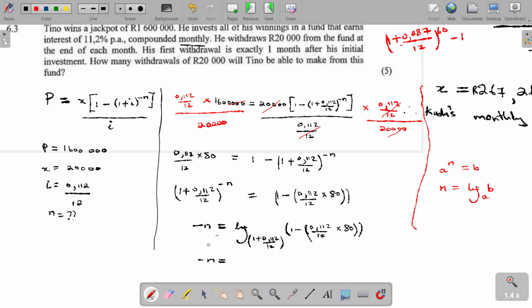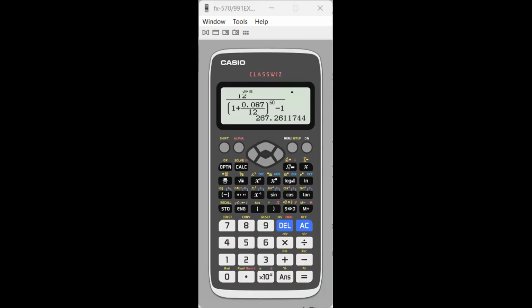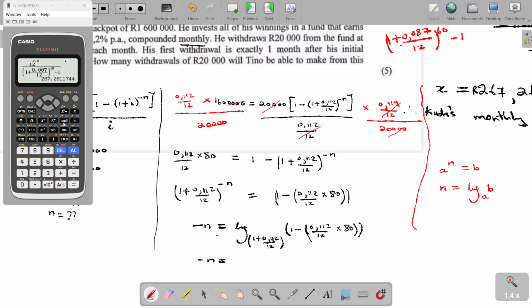It means we have to introduce the calculator. There it is. So we are going to have a log here. Then our base is going to be 1 plus 0.112 divided by 12.